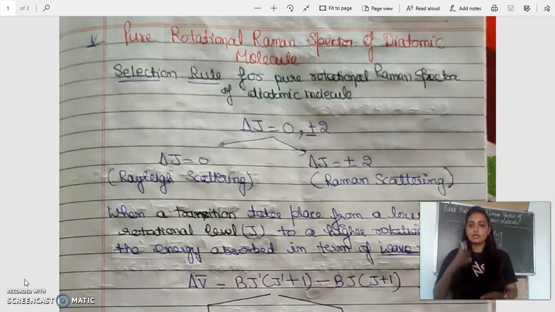But we have to talk about Raman scattering. Raman scattering is when there is a change in the rotational quantum number of plus 2 or minus 2.